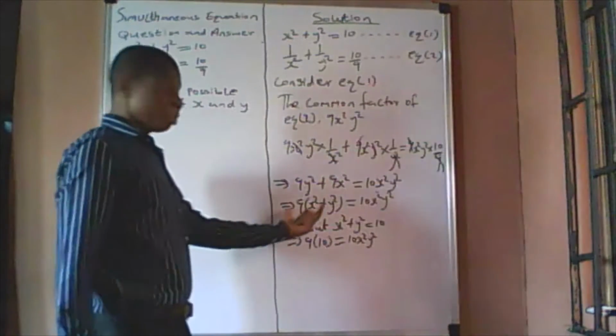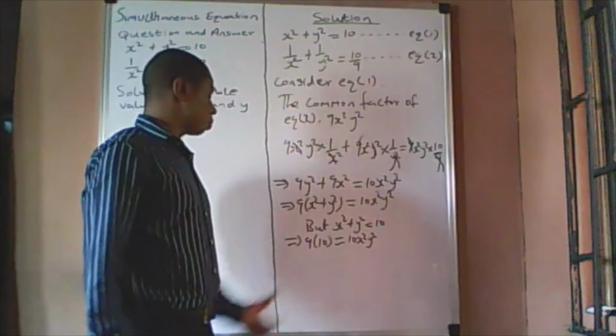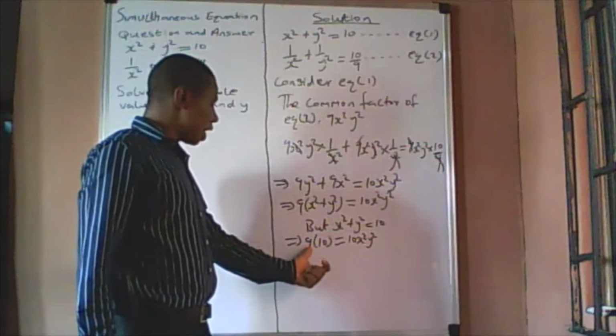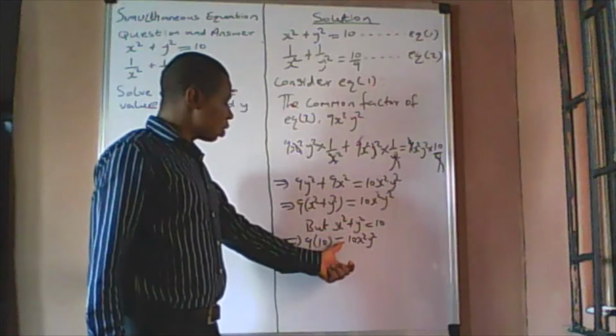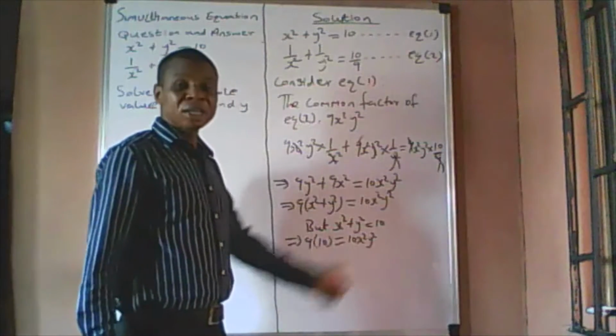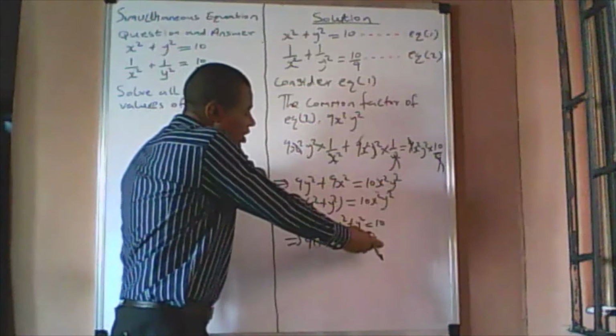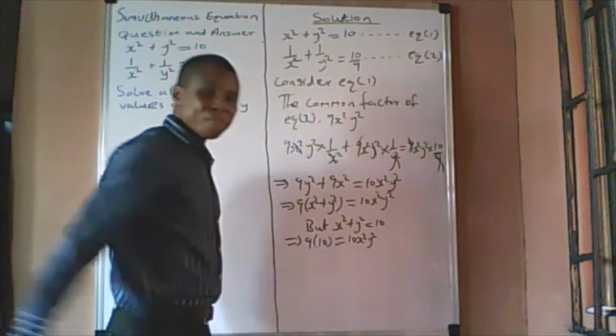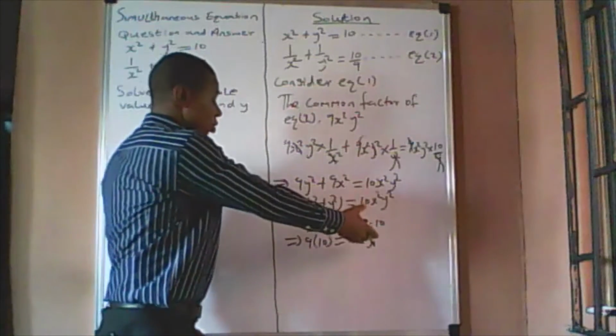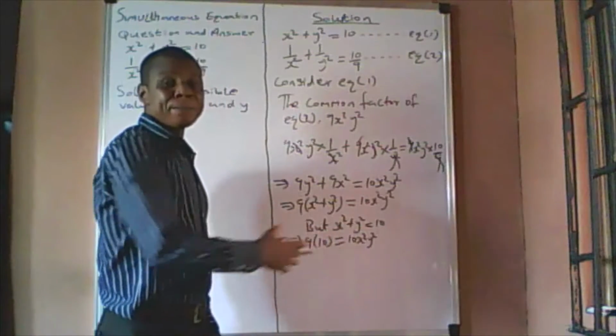Now we have already substituted it in the equation. In this equation, we derive 9 times 10 equal to 10x squared y squared. So now we want to find the value of x times y. We are going to multiply both sides of the equation by 10.